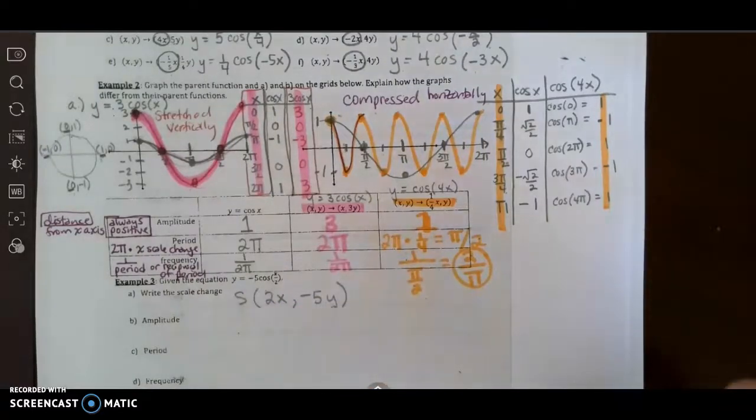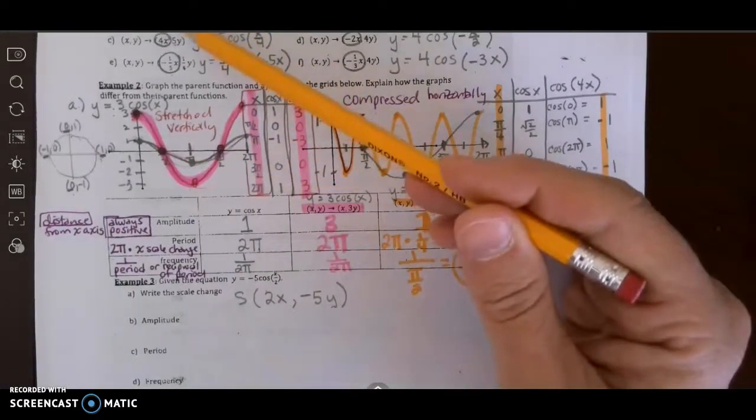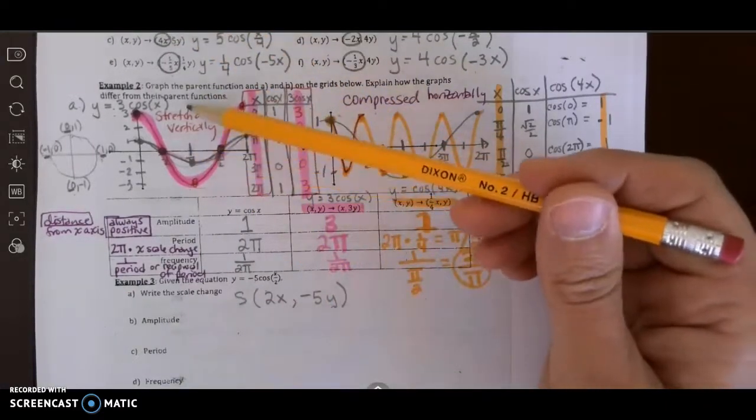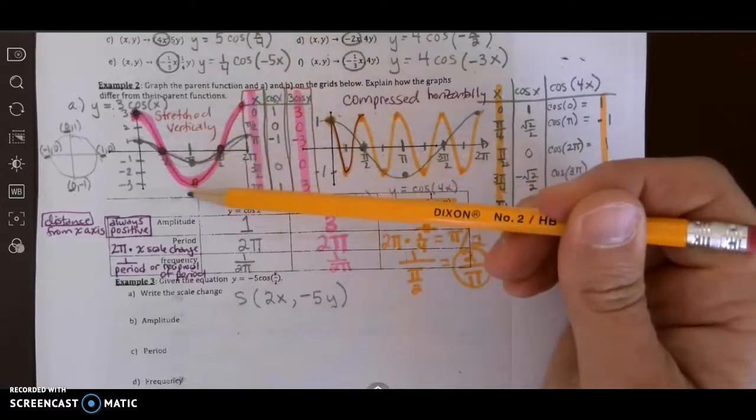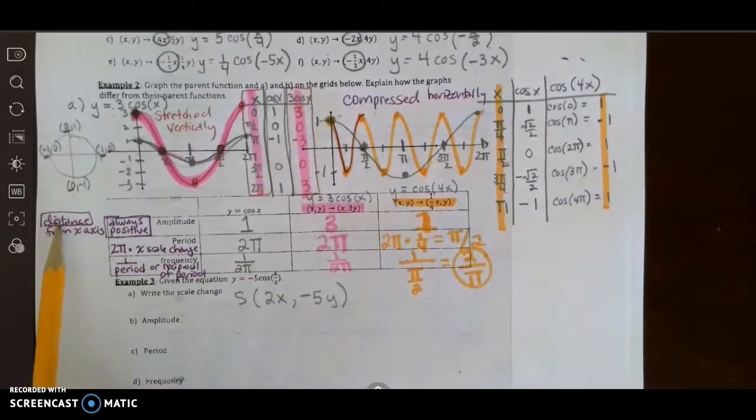Now, the amplitude is affected by the y. If we look at this one up here, my amplitude, because we multiplied the y by 3, became 3 up and 3 down. And notice that the amplitude is always positive.